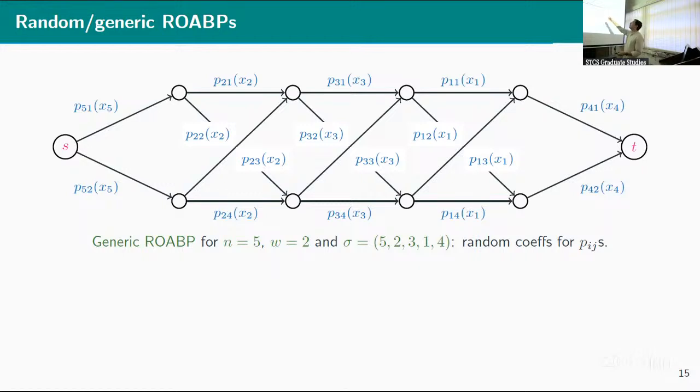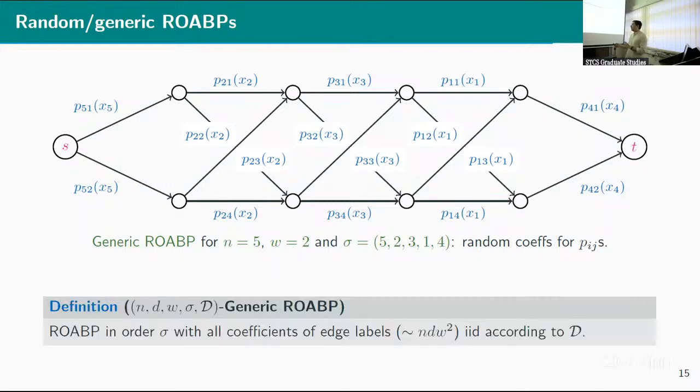So any polynomial that you compute by doing this and letting it run has an ROABP of width 2 in the order sigma just by definition. So this is a generic ROABP, the distribution over the polynomials that we are talking about. In general, you have a bunch of parameters, and a generic ROABP for those parameters is exactly what I told you.